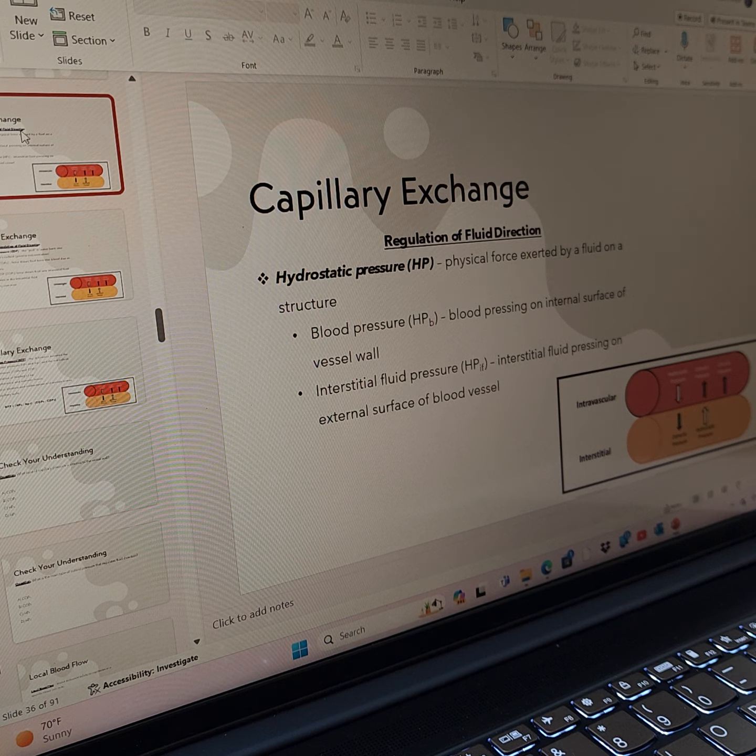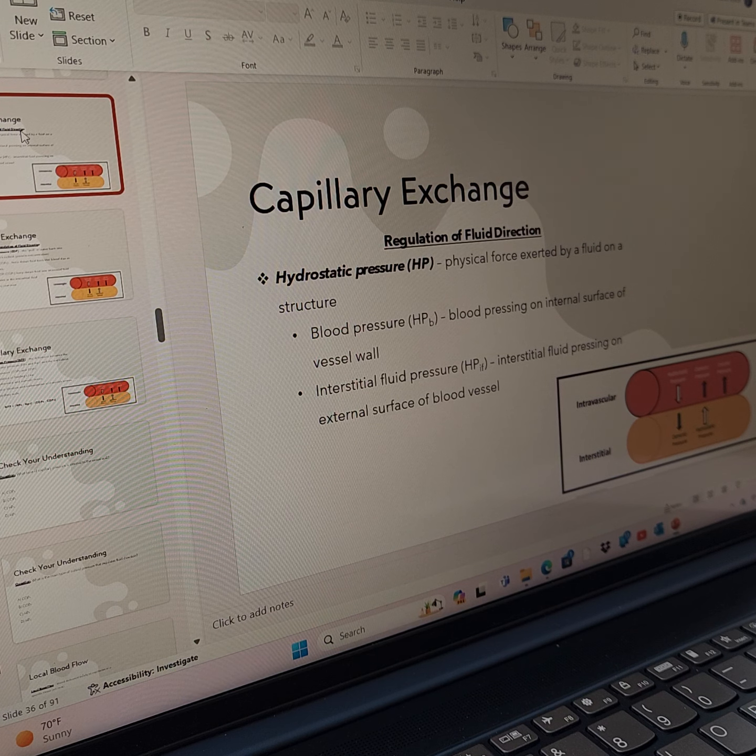So now we're getting into the actual pressures that cause these interactions for capillary exchange. These are all the different pressures associated with fluid regulation in the vessels, and their abbreviations and how they're going to be referred to. HP is hydrostatic pressure.